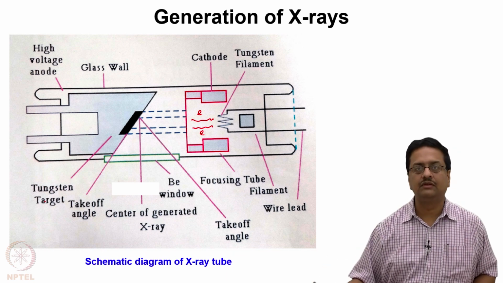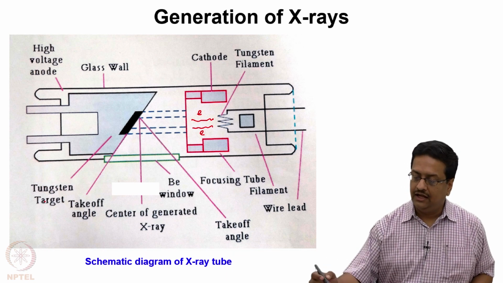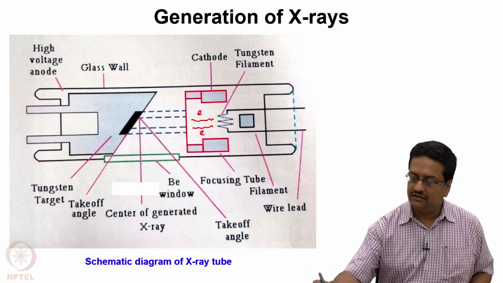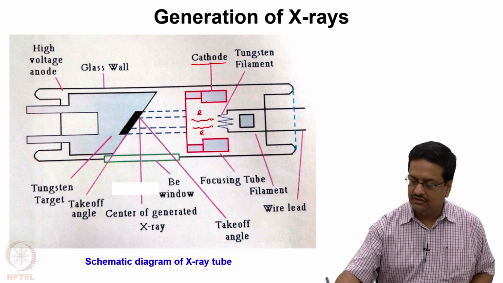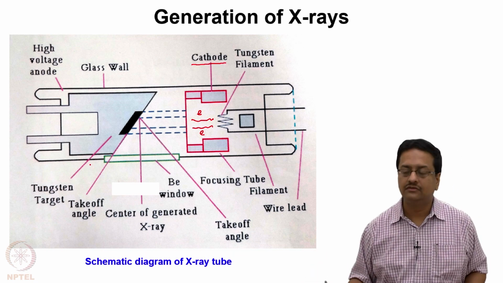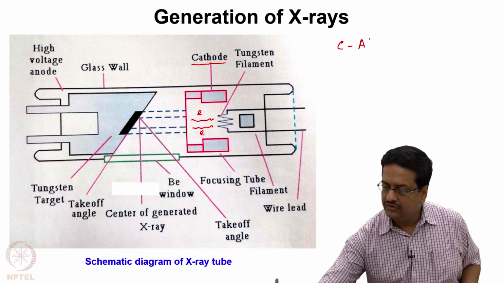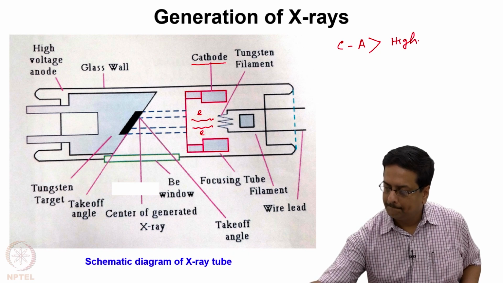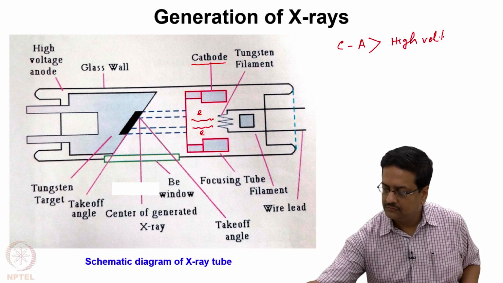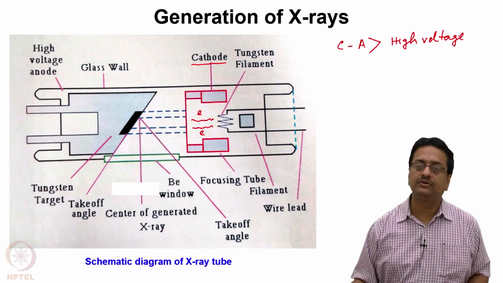So we use a suitable anode, and what we have here is a cathode and the anode. Between the cathode and anode we create a high voltage, that is, a high potential difference.